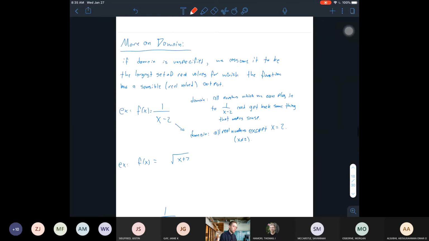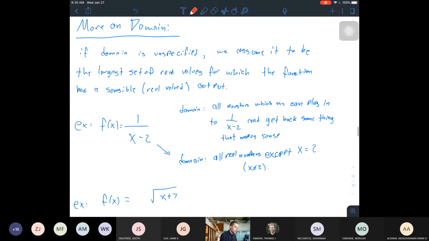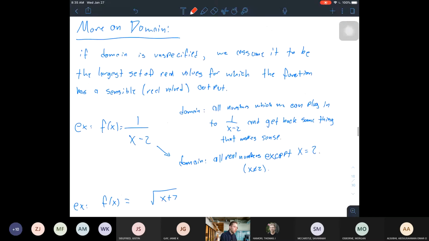And right at the end, we were talking about domain some more, and how to determine the domain when we're not just given a set of points for a relation, or a table of values. But what if we actually just get the rule?